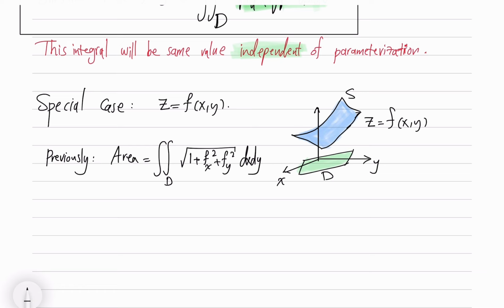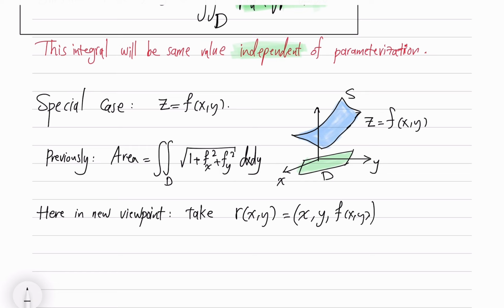Now here in a new viewpoint, we can say that we take the function r of (x,y) to be (x, y, f(x,y)). You can check that for every (x,y) in the domain D, this point belongs to the surface. It's exactly the point whose projection down below is (x,y).